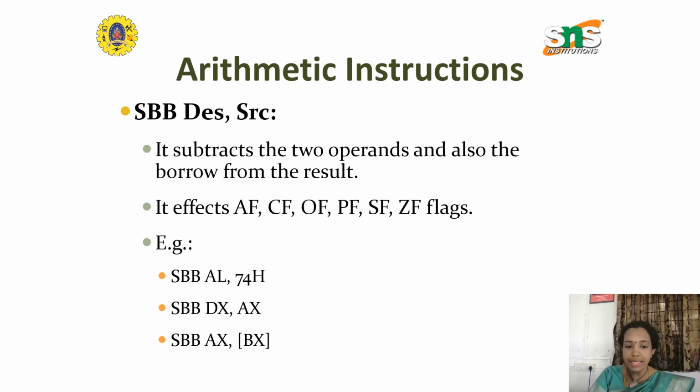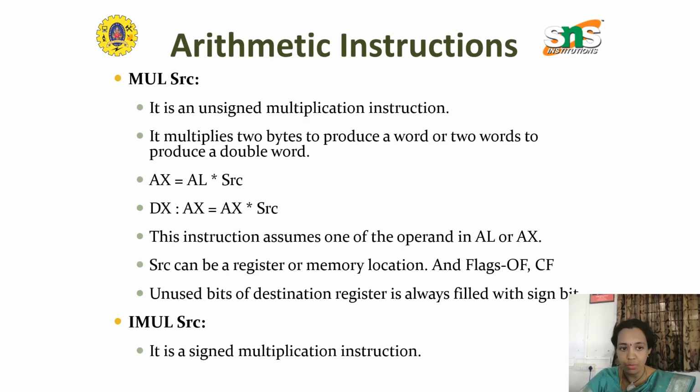The next one is SBB. It subtracts two operands. The previous one was a basic instruction, but this one is with borrow. The next one is the multiply instruction, MUL. It is an unsigned multiplication instruction. It multiplies two bytes to produce a word, or two words to produce a double word.